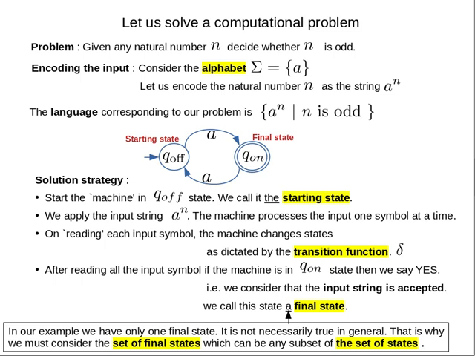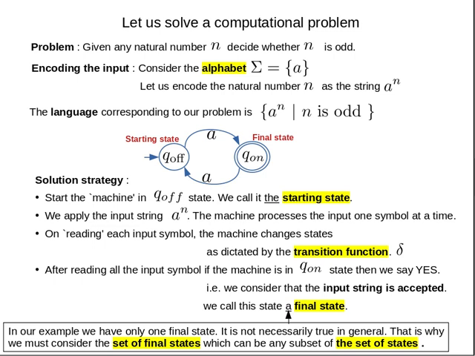But still we have some kind of machine, and we have somehow encoded that machine as some kind of graph, with transitions between states and all of that. But the thing is that we need to solve some computational problem. That is why we are considering these models, right? If it cannot solve any computational problem, then what's the use of constructing it? So let us solve a computational problem with our example.